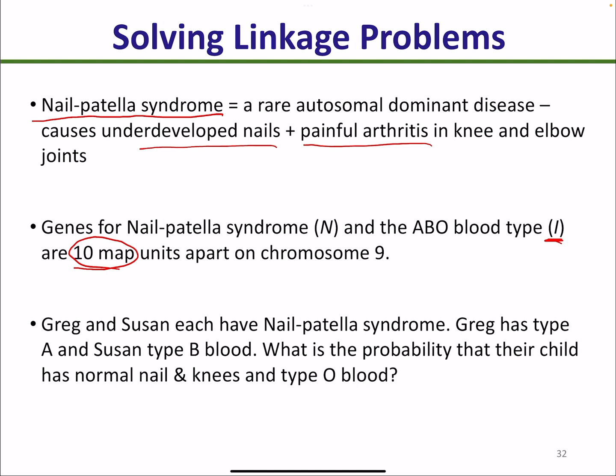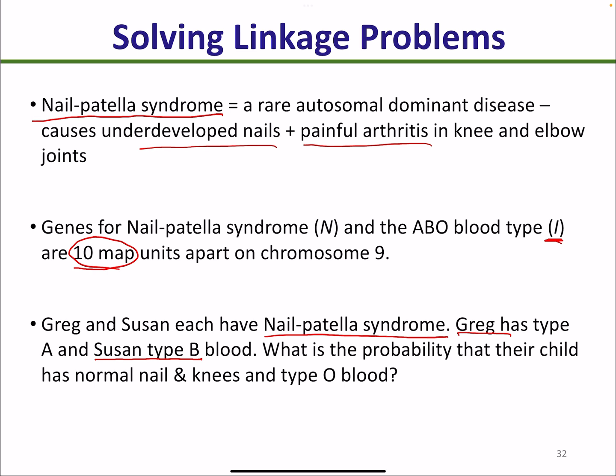So now two parents, Greg and Susan, each have Nail-Patella syndrome. Greg has type A blood, while Susan has type B blood.